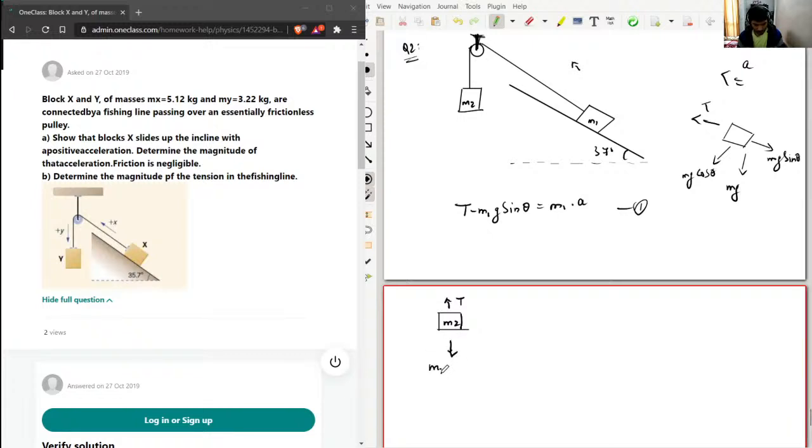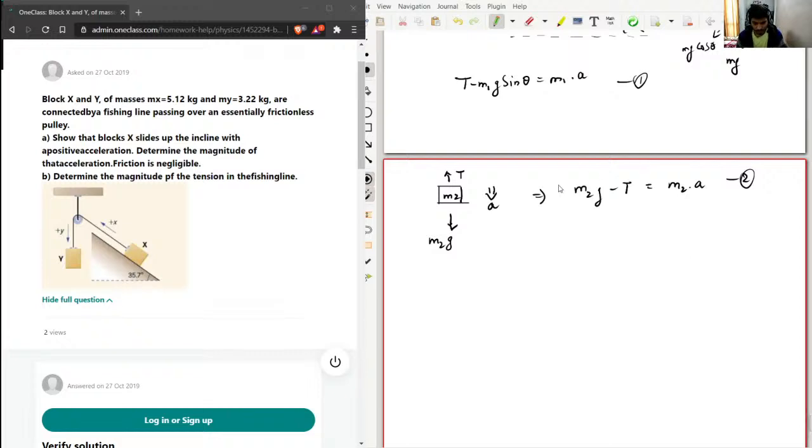This will be m2g only, and my acceleration is in this direction, so I can write the force: m2g minus T equal to m2 into a. This is equation number 2.